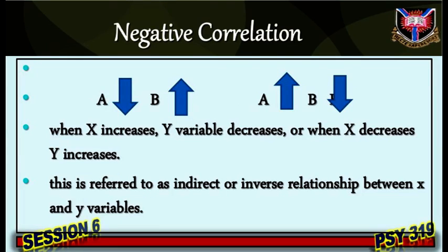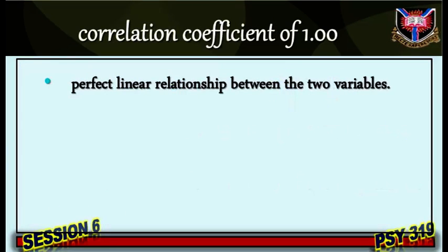Negative relationship occurs when x increases and y decreases, and this is referred to as indirect or inverse relationship between x and y variables. The correlation coefficient of 1.00 indicates a perfect linear relationship between the two variables.